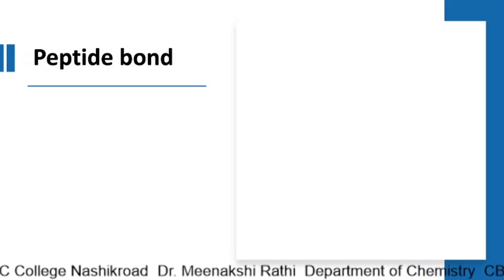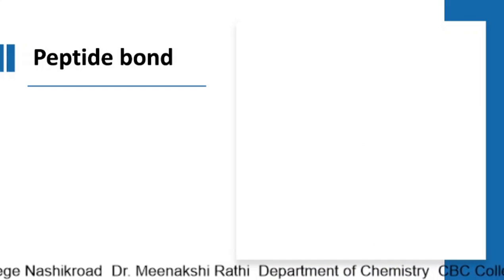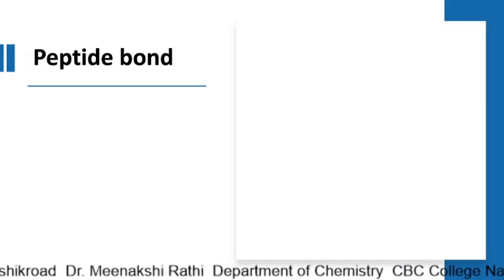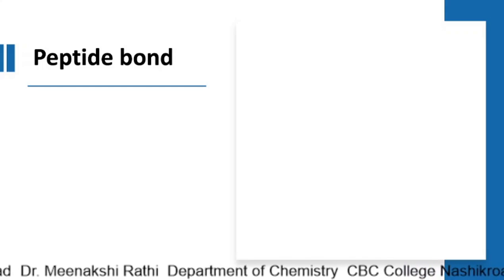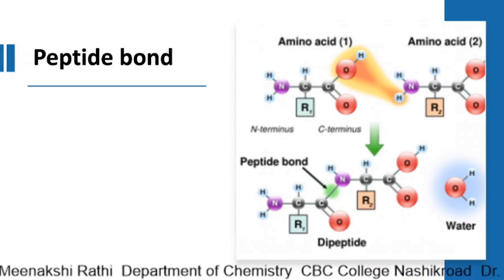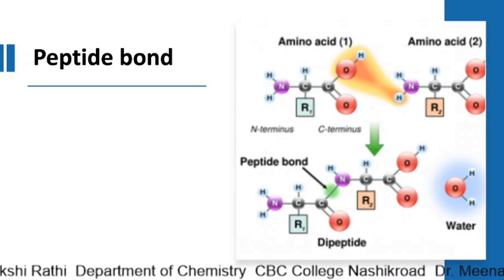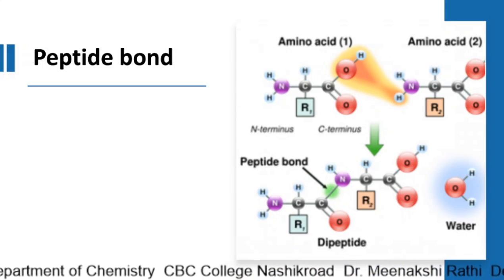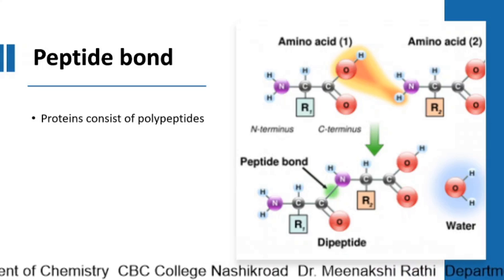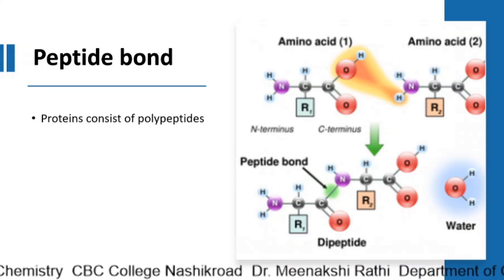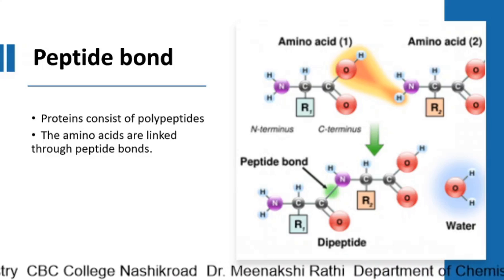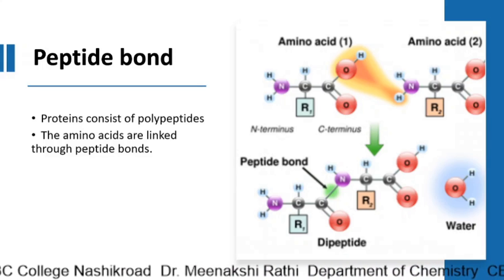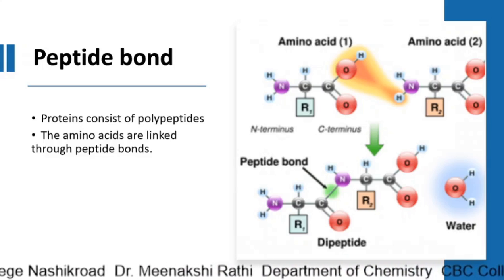Actually we have already discussed in detail about peptide bond in the chapter amino acids and protein. Now here you can see in this structure that protein consists of polypeptides, and these are the polymers of amino acids.